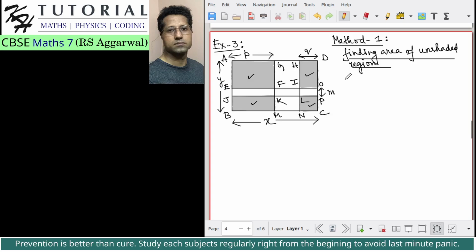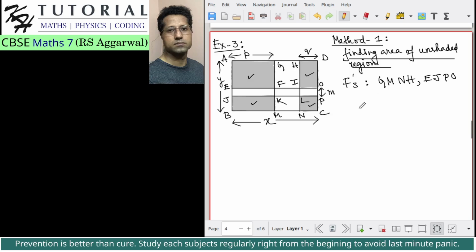Okay, so I will divide the unshaded region into some rectangles or squares. So let's say I am dividing the unshaded region into the rectangle GMNH and the rectangle EJPO.